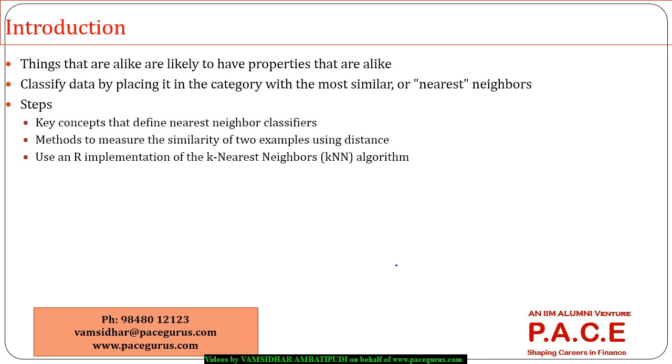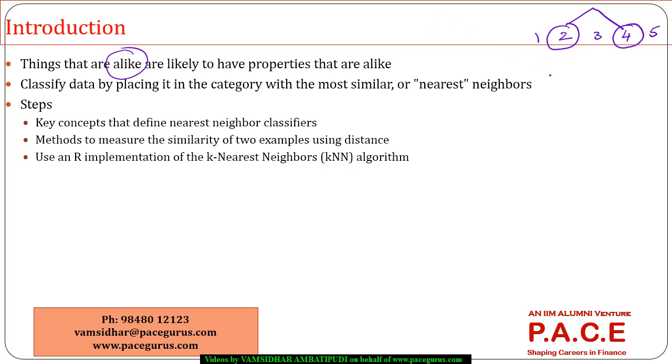Now, the major logic or concept behind this nearest neighbor algorithm is that things that are alike, right? We are talking about 5 people, 1, 2, 3, 4, 5. Let's say if these 2 people are more or less alike, then what we say is their properties are also more or less alike.